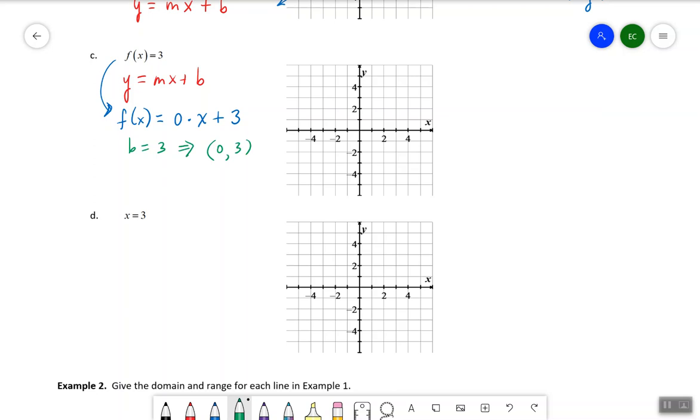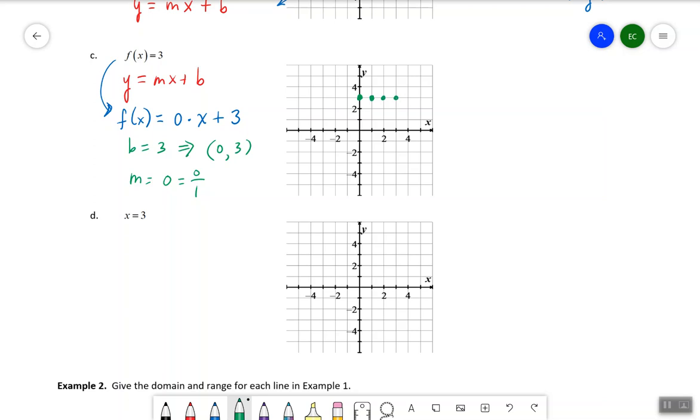And our slope is 0, which we can rewrite as 0 over 1, so that we have a rise and a run. And we can go ahead and plot some points. So if we start at the point 0, 3, and then the slope says go up 0 and right 1, then that means we're only going to the right. That means that the line is horizontal.